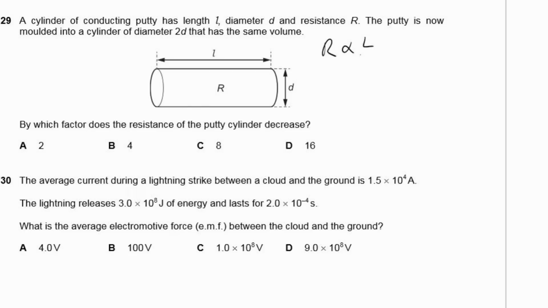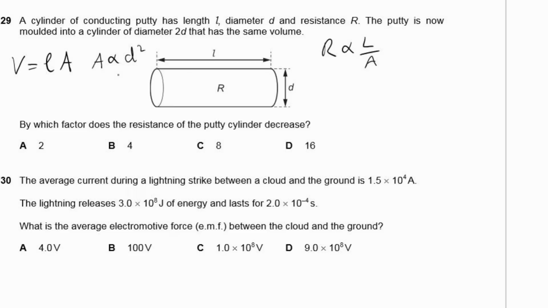Resistance is proportional to length over area. Area is proportional to D squared. Now, if we look at the volume, it equals the length times the area. If I double the diameter, what happens there? Well, the area is proportional to the diameter squared.